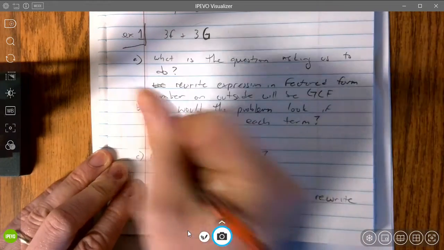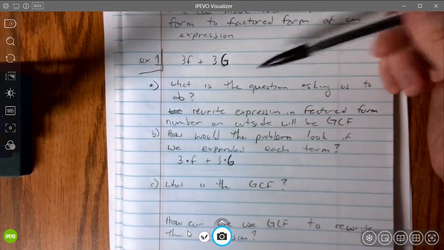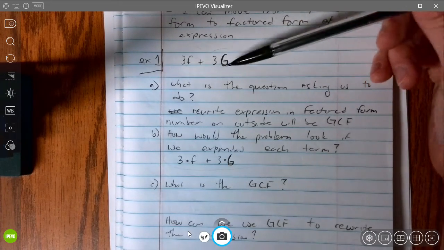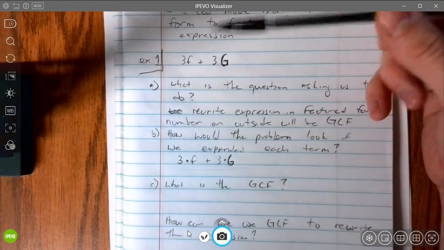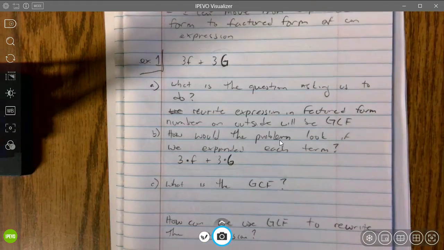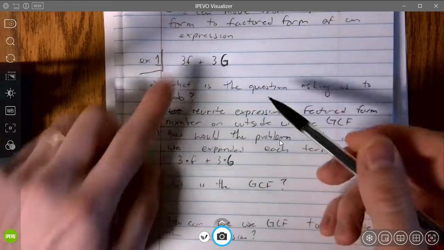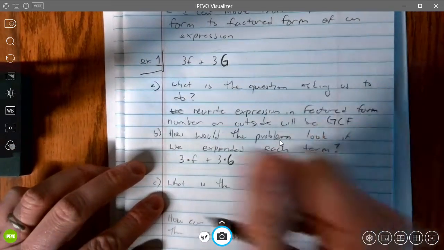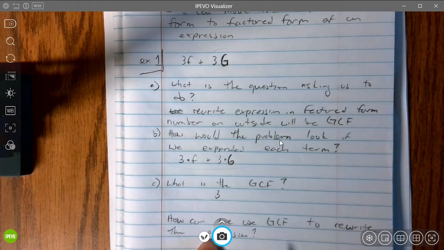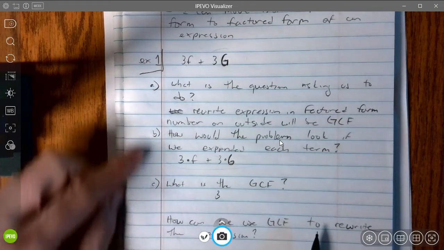Okay. What's the GCF here? Think about that. What's the GCF of 3f and 3g? Well, what's the greatest common factor of those two terms? How about 3? That seems to jump right out at me. Okay, and how can we use the GCF to rewrite this expression?